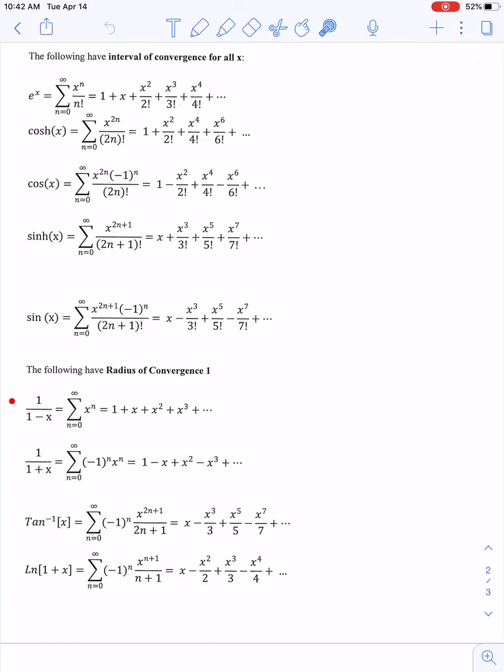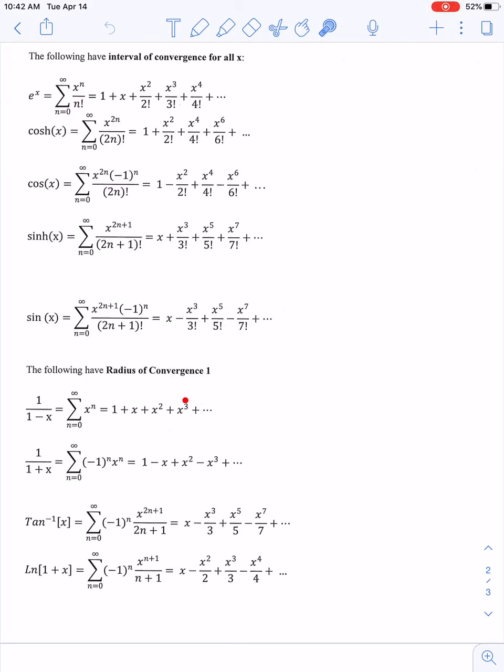Those derivatives are a little more complicated to compute, but I claim that when you do that, you get the expansion. 1 over 1 minus x is what? 1 plus x plus x squared plus x cubed, the summation n running from 0 to infinity of x to the n. What is that? Well, like we've seen before, that, my friends, is a geometric series.